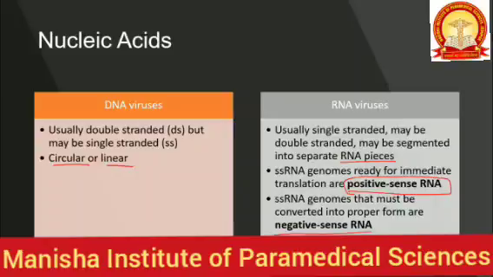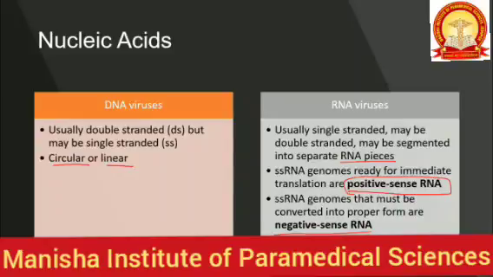Because when we studied transcription, we talked about the sense strand and antisense strand of the RNA, right? Coding strand, non-coding strand. But in this case, the idea is a little different. In the case of virus and viral infection, the virus is carrying RNA. If that RNA is completely ready to be translated, we call it positive sense RNA.